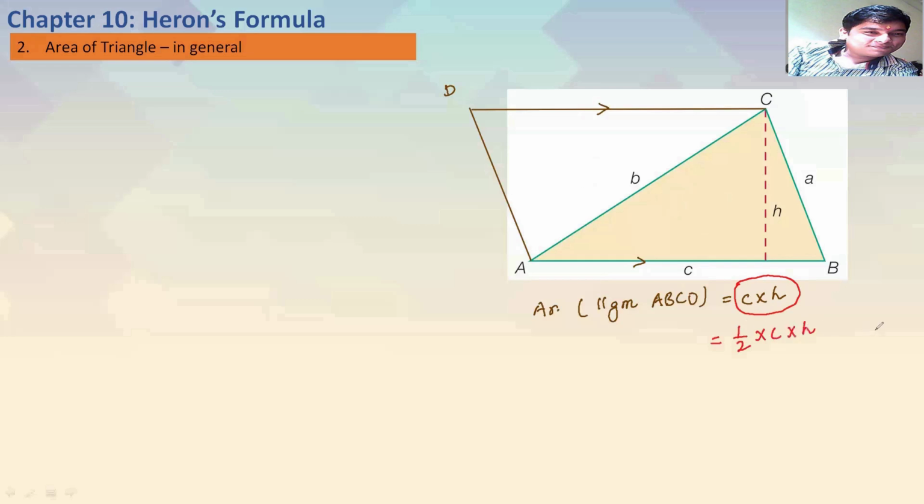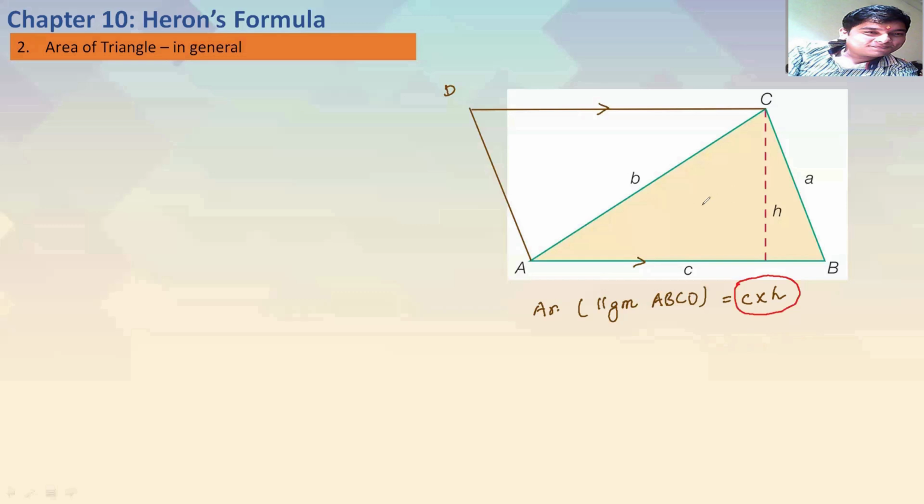When you add both the triangles, you get the area of the parallelogram. I was trying to make you discover the area of a triangle. We are trying to derive it. Listen, Manya.